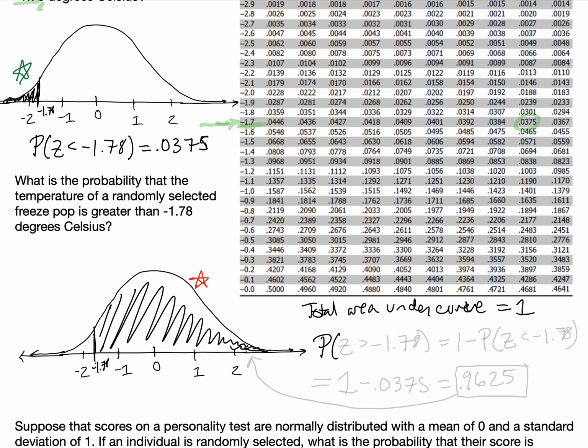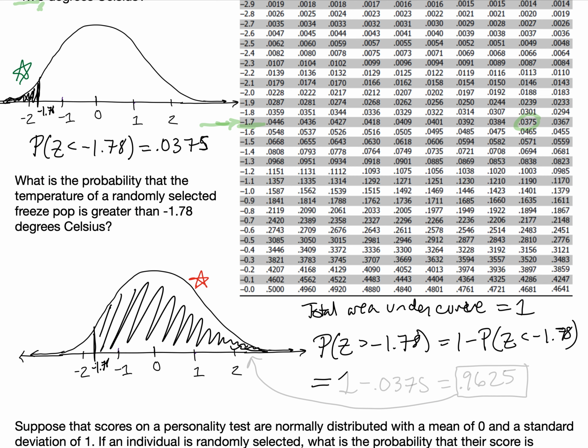So if we want to find the probability that z is greater than negative 1.78, this is going to be equal to 1 minus the probability that z is less than negative 1.78, because those two values add up to 1. So to find one from the other, we can subtract it from 1.